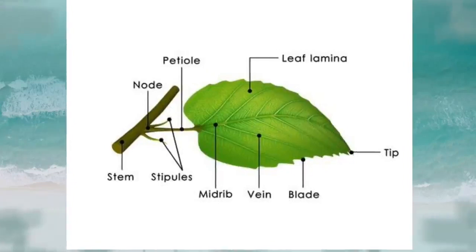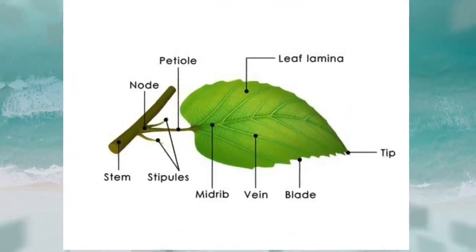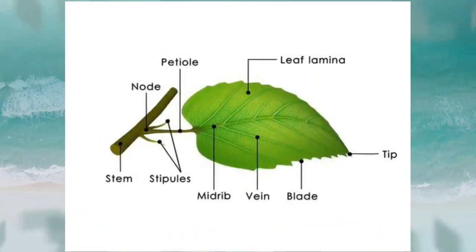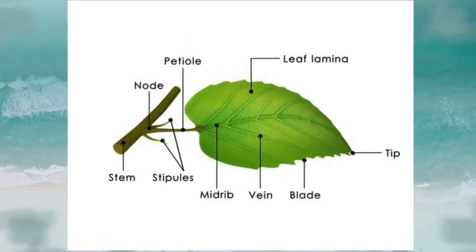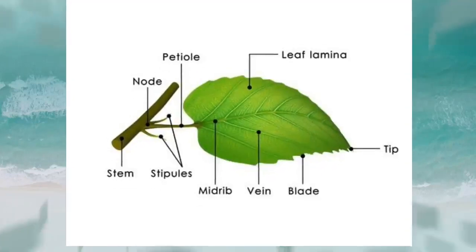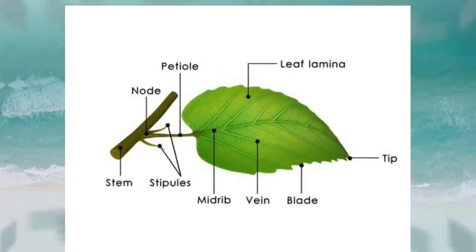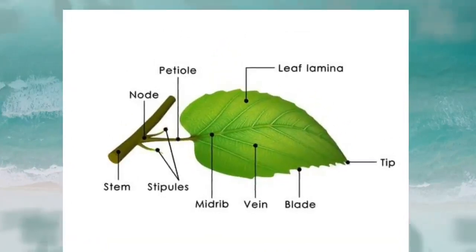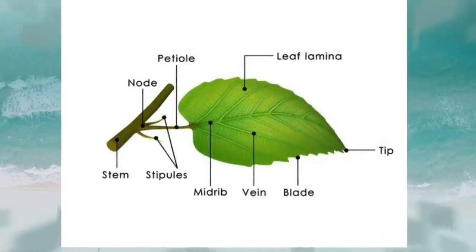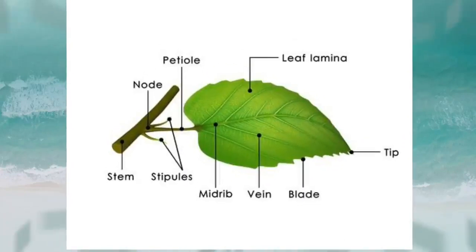The line going through the center that you can see is the midrib. Smaller veins grow from the midrib. On the other side, you are seeing that the flat green portion of the leaf is called the leaf blade or lamina.